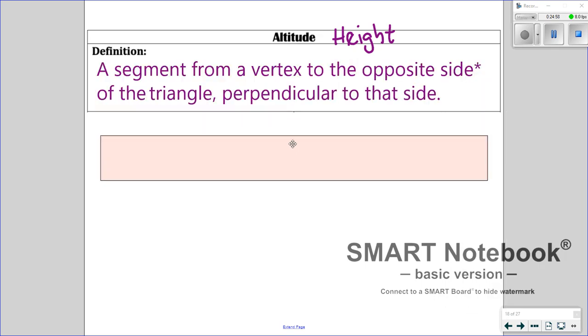So the definition is a segment from a vertex to the opposite side of the triangle perpendicular to that side. So remember with the median, we start at the vertex, but we go to the opposite side and try to find the middle of that segment. With altitude, we start at the vertex, but we just go straight down, which will make that line, that height, perpendicular to the opposite side.